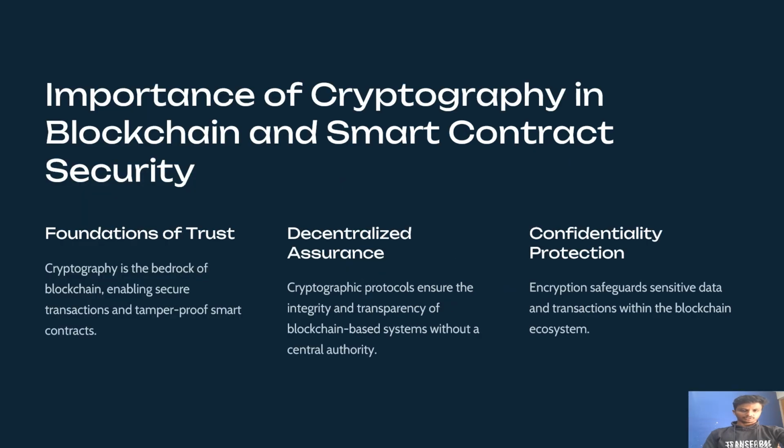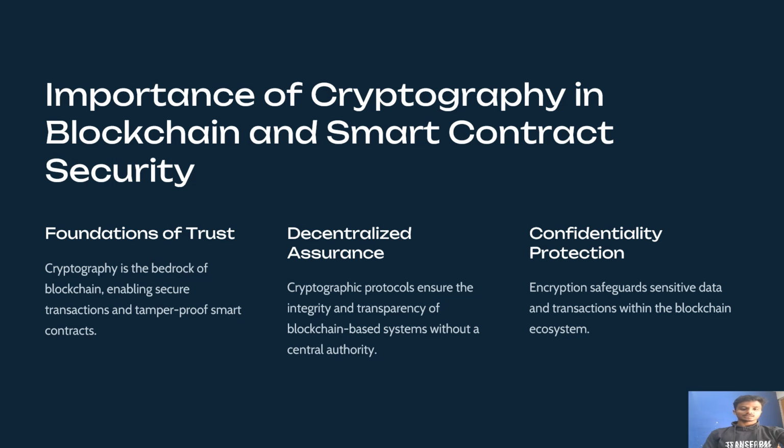Let's start with the importance of cryptography in blockchain and smart contract security. There are three types of importance: foundation of trust, decentralized assurance, and confidentiality protection. Cryptography is the bedrock of the blockchain, enabling secure transactions and tamper-proof smart contracts.